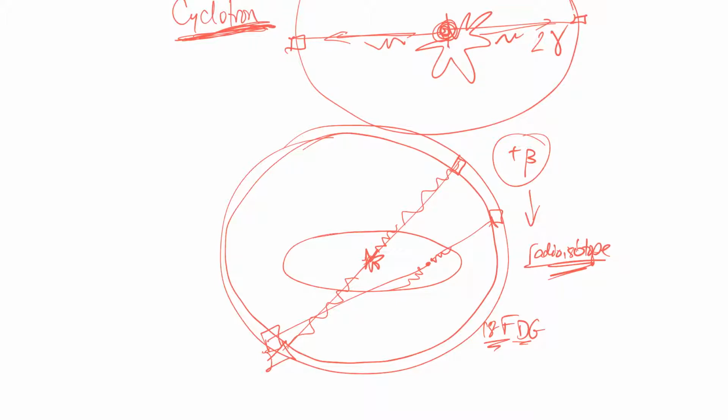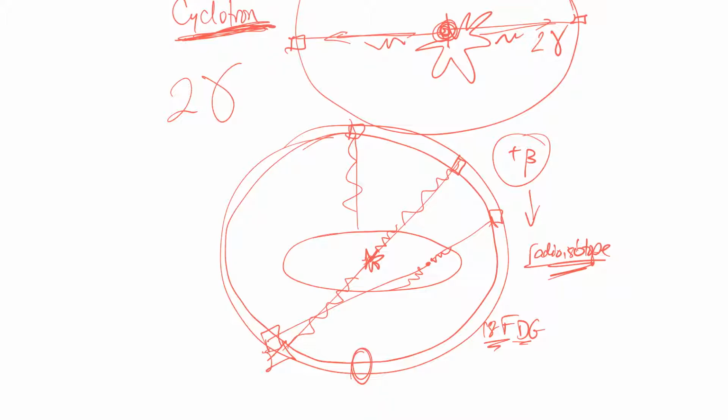If a gamma ray comes out and it doesn't have a corresponding gamma ray on the other side of the device, then we know that it was not emitted by the annihilation, because the annihilation always produces two gamma rays.